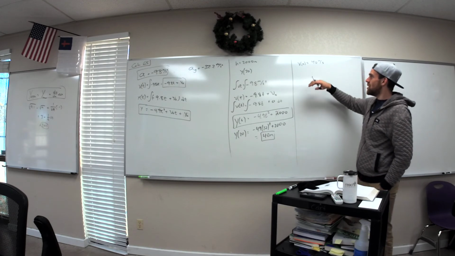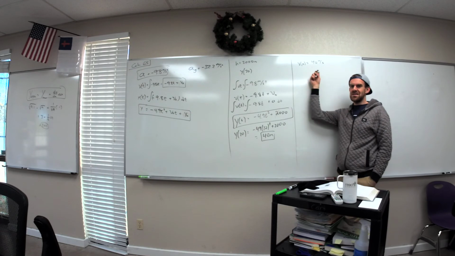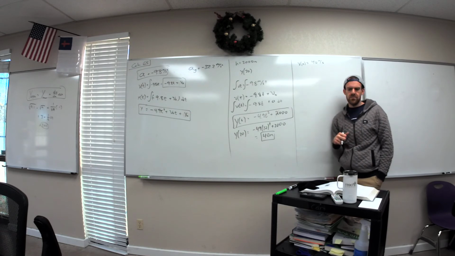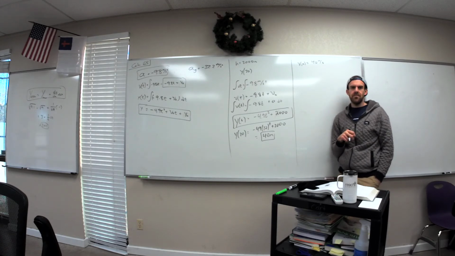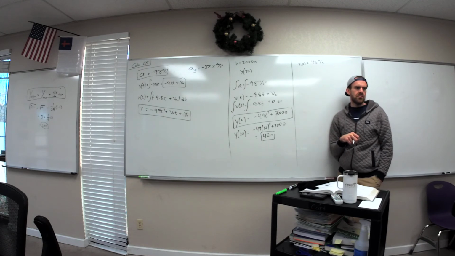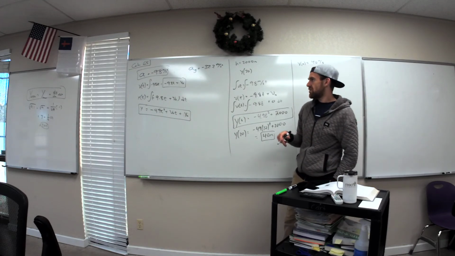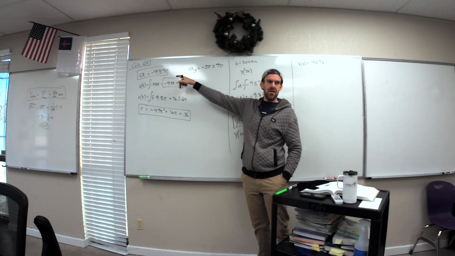All right, cool. So they say it's thrown down with a velocity of 40. So is this statement accurate? Yes. Over here we said that if gravity points down, it should be negative.